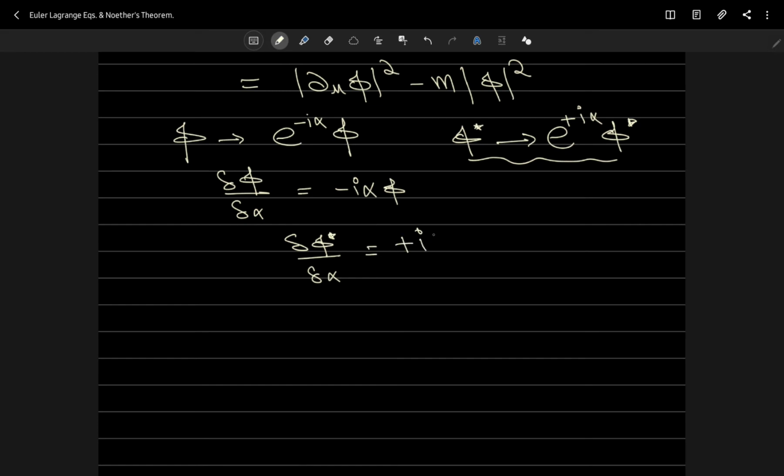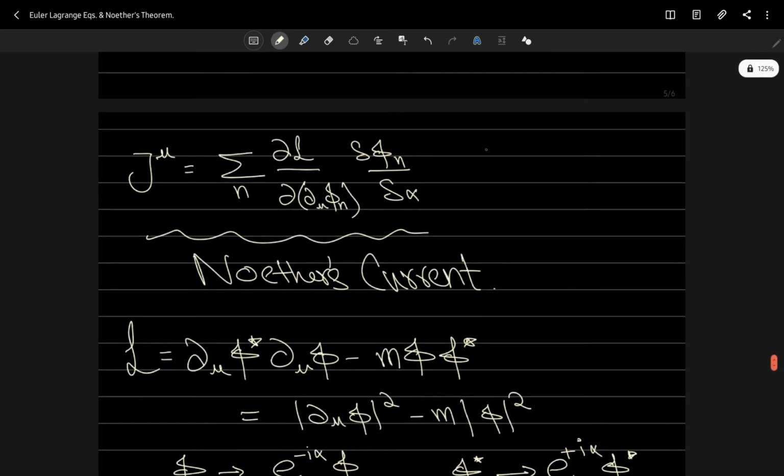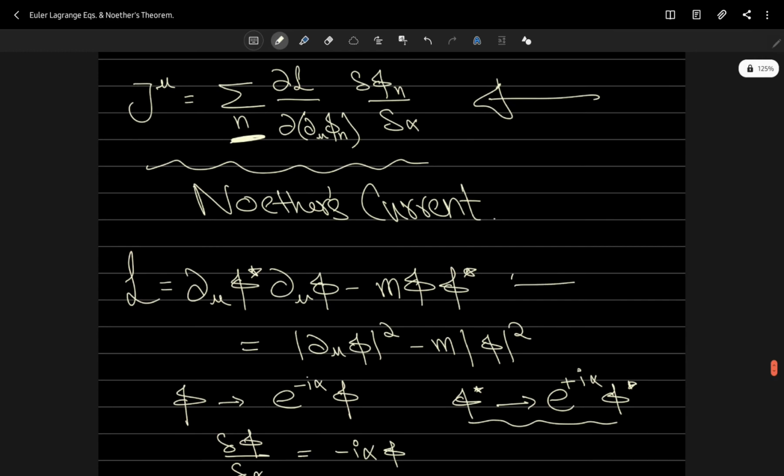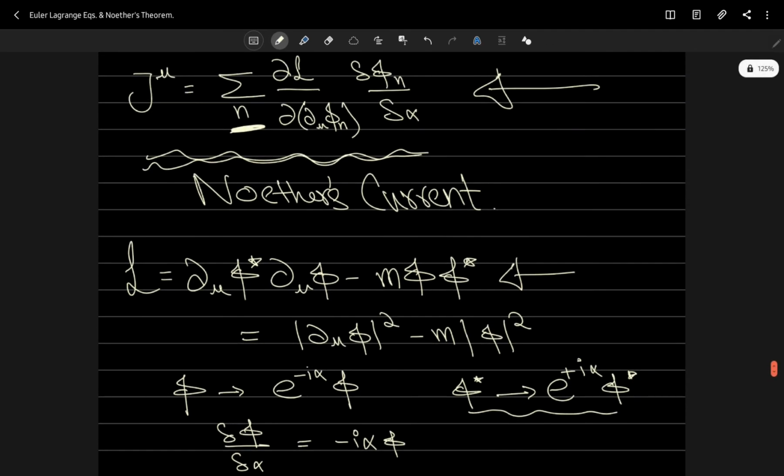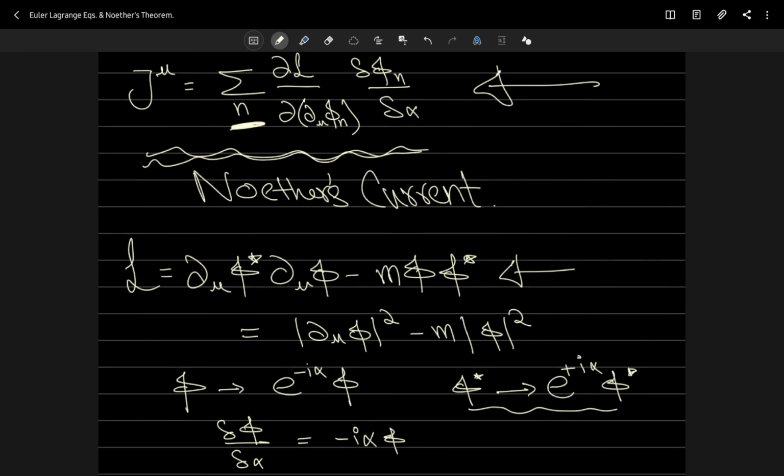Well, it's simply plus iota phi star. Now what is your Noether's current? All you have to do is substitute these values in Noether's current, but note that we have a summation over n. So for this complex Lagrangian we have two fields, and so in this Noether's current we would have two terms, one for your field phi and the other one for the conjugate field phi star.